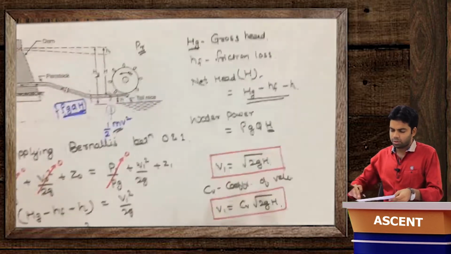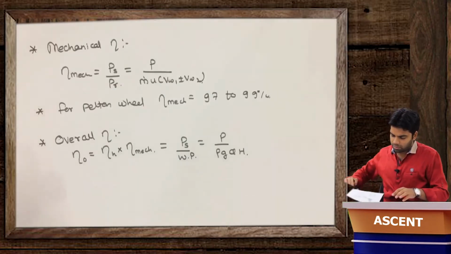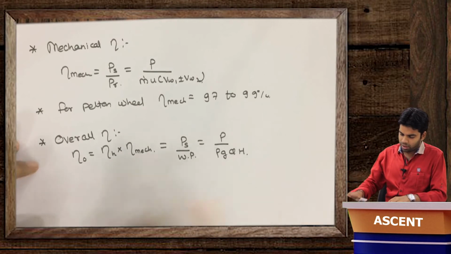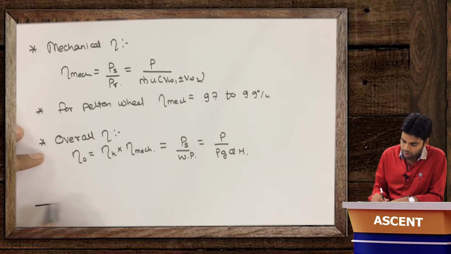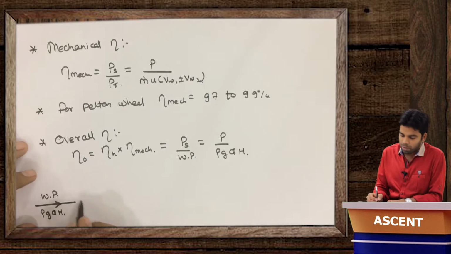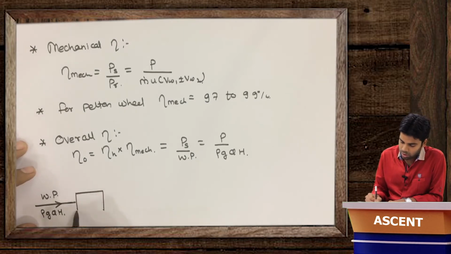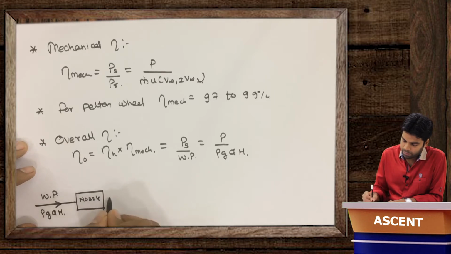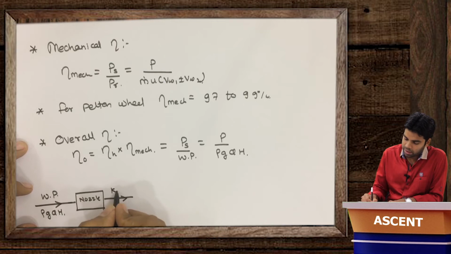I will just tell you one more time with a separate figure. The very first, we are having the water power, rho g Q into H, where H is net head. This water power is transmitting through the nozzle, and out of this nozzle we are getting kinetic energy, which is nothing but half m v1 squared.